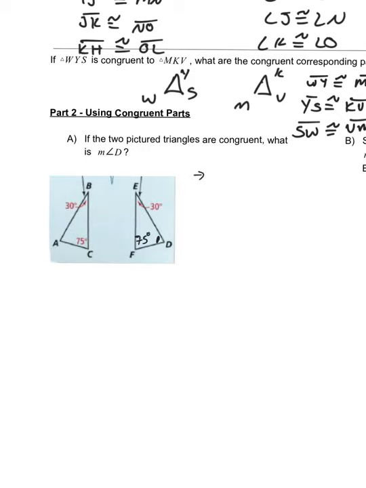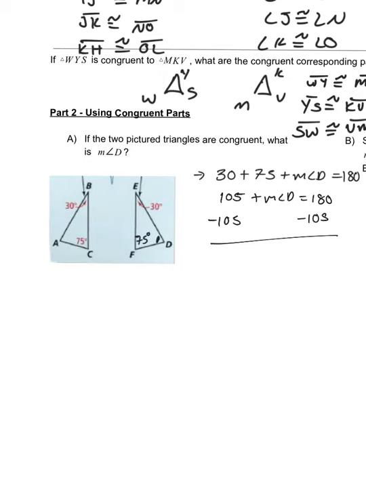Then we could use the triangle sum theorem, which states that all three angles in a triangle have a sum of 180 degrees, okay? 30 plus 75 is 105, and we need to subtract 105 from both sides. And so the angle D has a measure of 75 degrees.